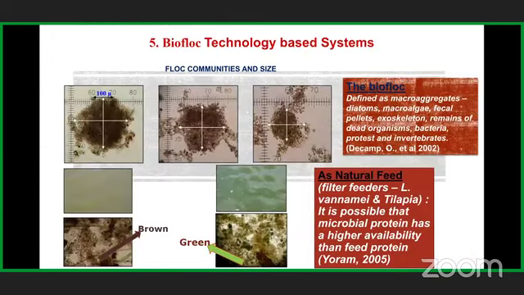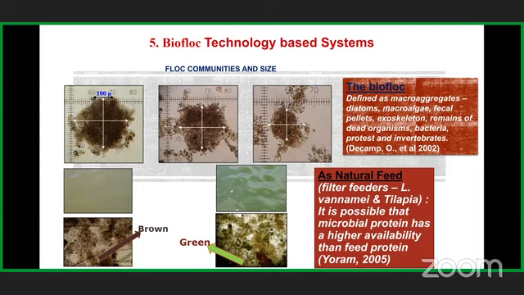Coming to biofloc technology, again it is a very widely used technology developed by Yoram Avnimelech. Basically, in this technology we aim to grow our fish in a tank, where waste from the fish is utilized again as feed by some intervention with carbon, maintaining the carbon nitrogen ratio.